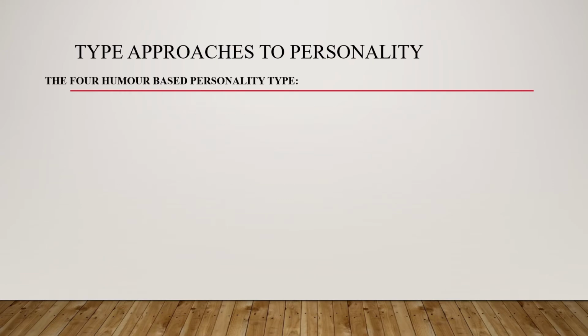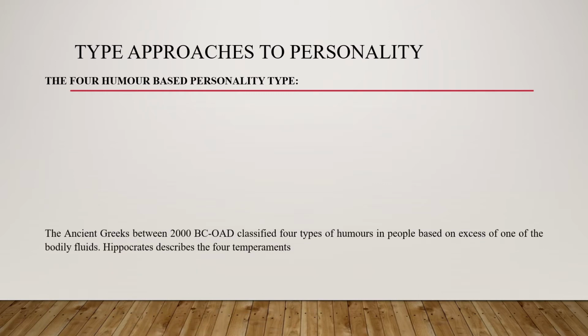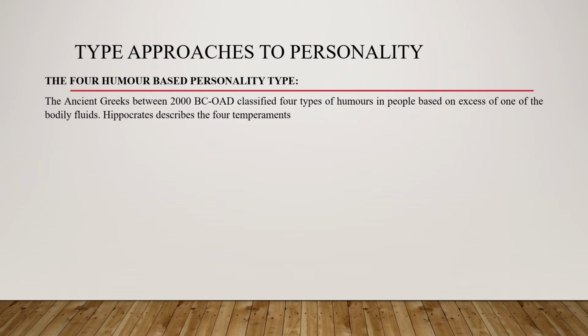The four humor based personality types. The ancient Greeks, between 2000 BC and 0 AD, classified four types of humors in people based on an excess of one of the bodily fluids.